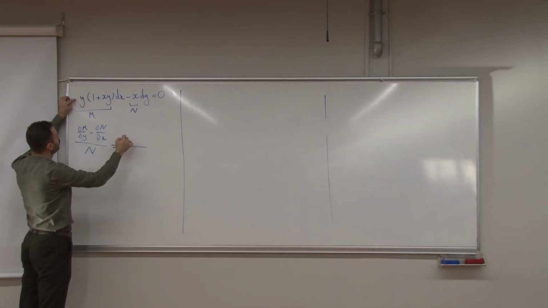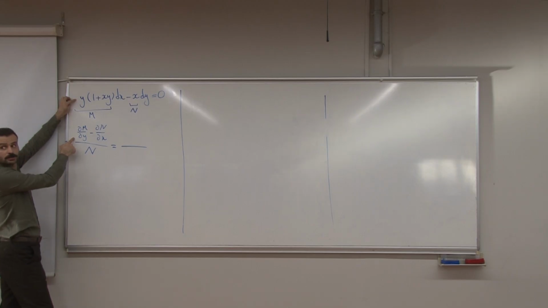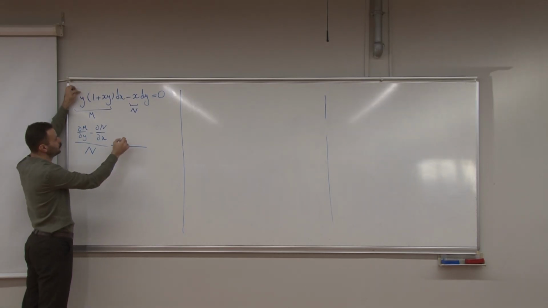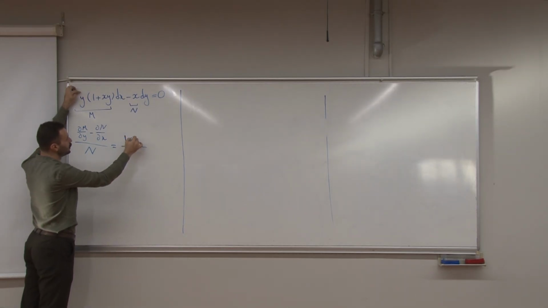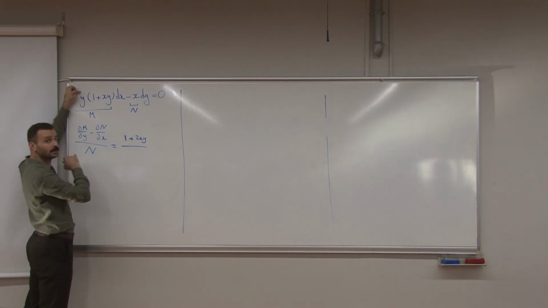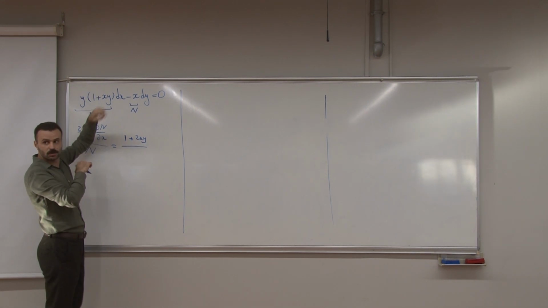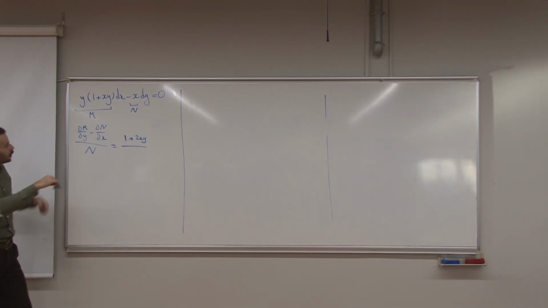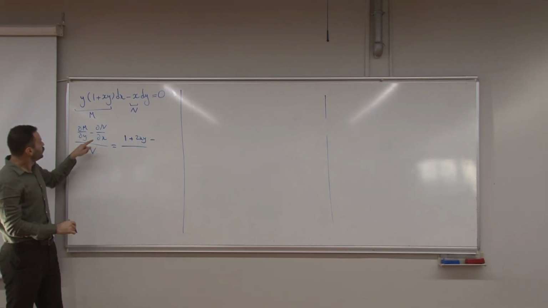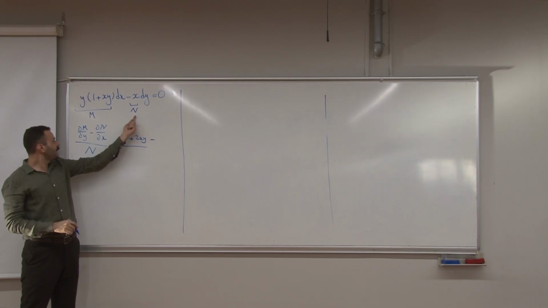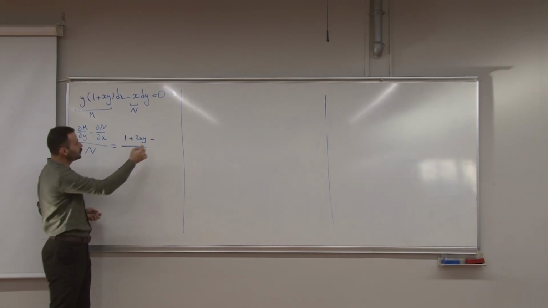Partial of M with respect to y is 1 plus 2xy, minus the derivative of N with respect to x, which is minus 1.